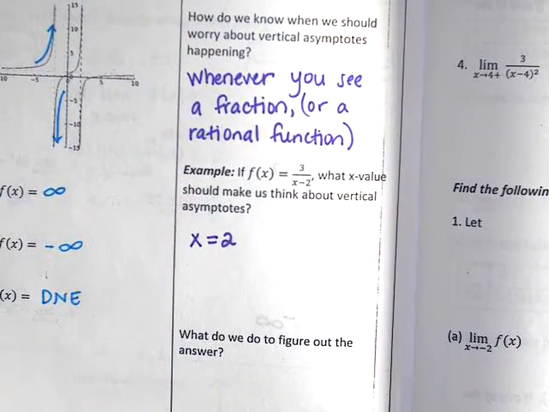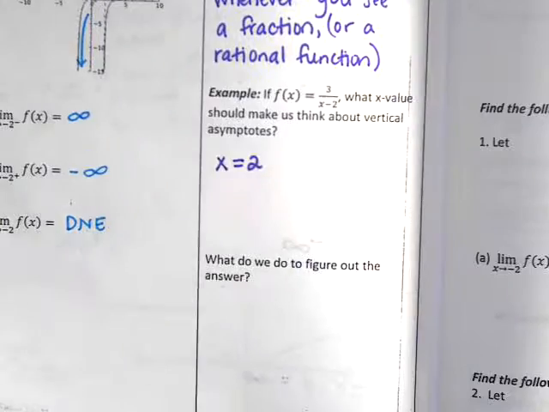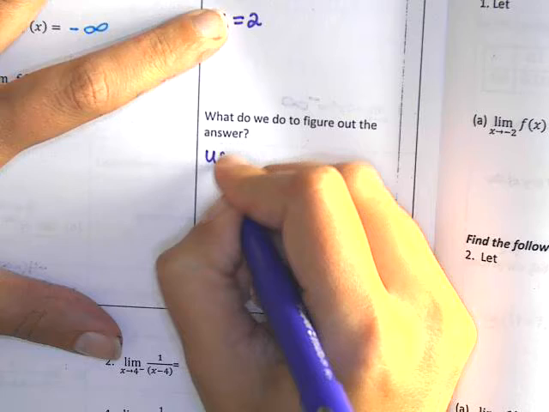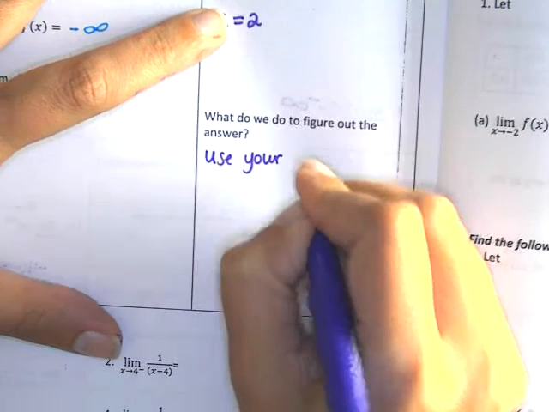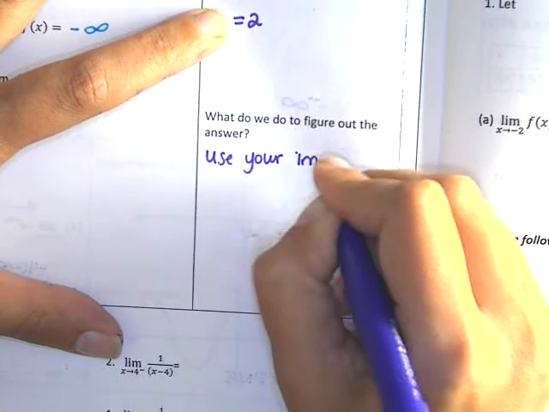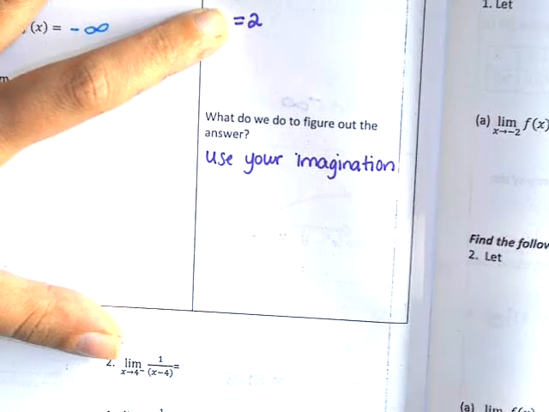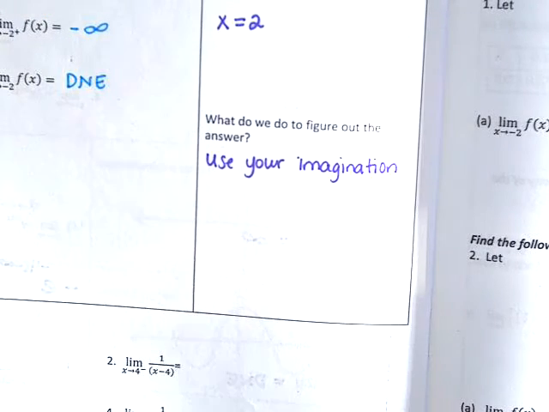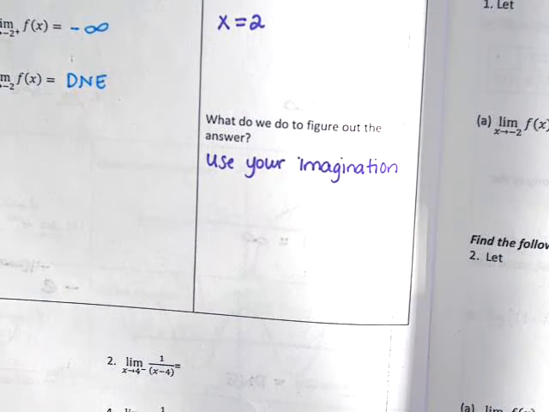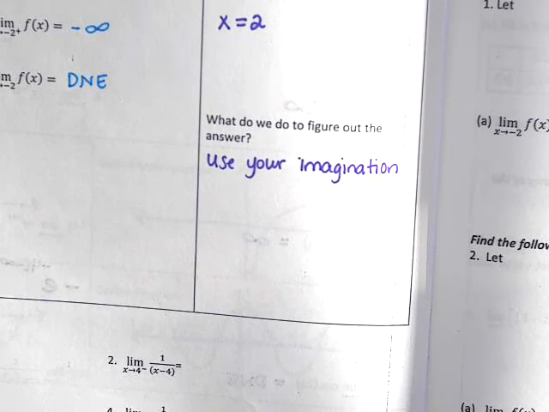So how do we actually figure out the answer? We have to sort of use our imagination. So just like on Friday, we had to sort of imagine what happened when you plugged in an infinity, because you can't really do that. We have to sort of imagine what's happening here.